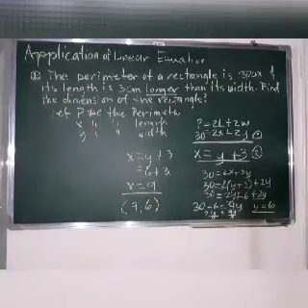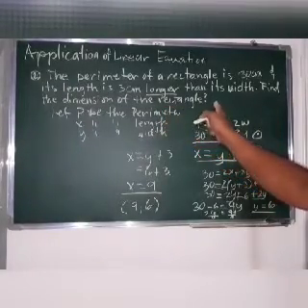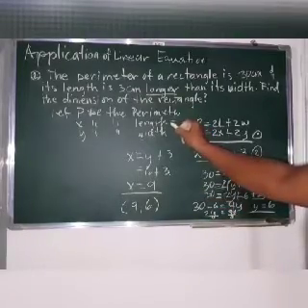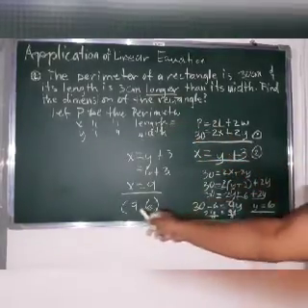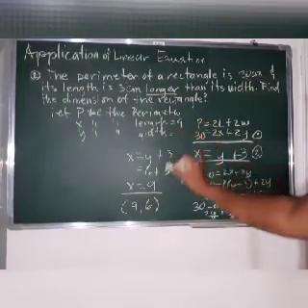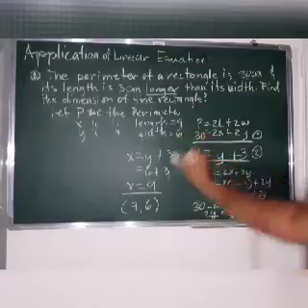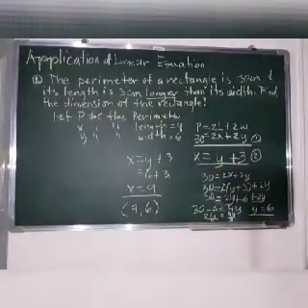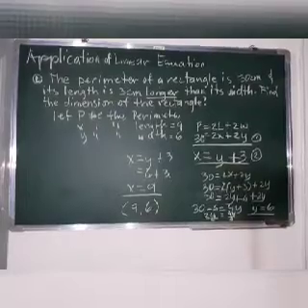But what is the question? Find the dimension of the rectangle. So our length is equal to 9, and for our width, we have 6. Okay, so that is the solution for our example number 2.